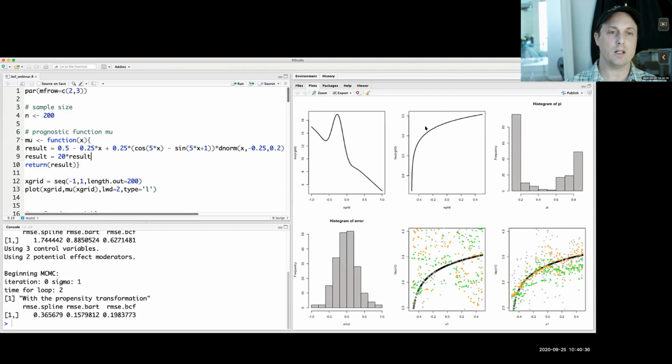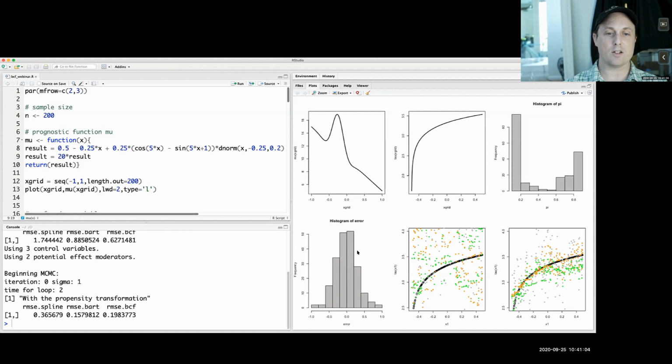So that tells me, just by looking at that visually, that tau is sort of not preposterously small and not preposterously big relative to the prognostic function over here. I also like to look at histograms of pi, the actual treatment assignment probabilities, and that tells me whether or not I've got extreme selection or not very much selection, and in particular, it allows me to see the range of it.